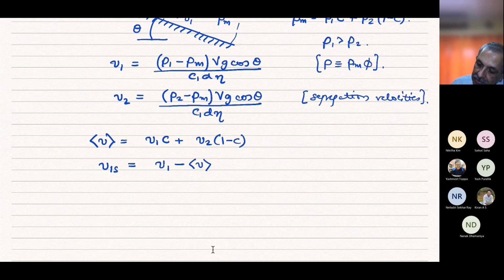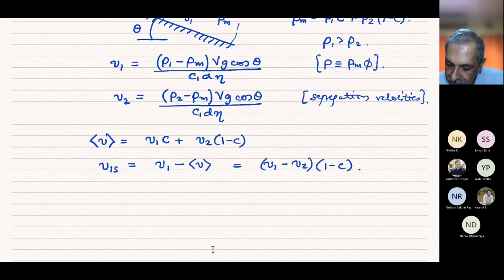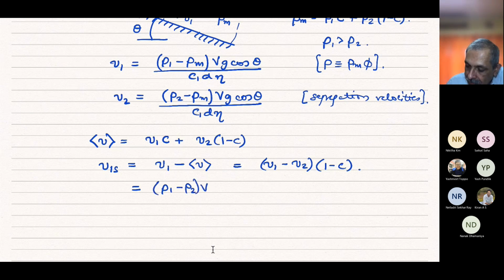If you put this in there, you'll see that this is nothing but V1 minus V2 into 1 minus C. And if we take V1 minus V2, then the rho m essentially cancels out, and surprisingly we get an identical expression for this V1 segregation, which is rho 1 minus rho 2 into Vg cos theta.